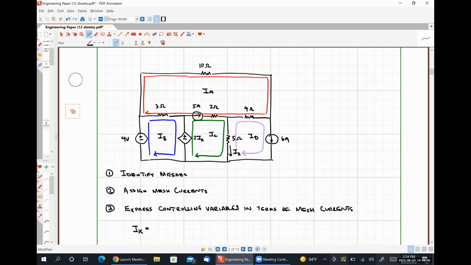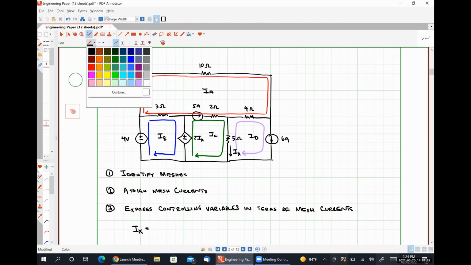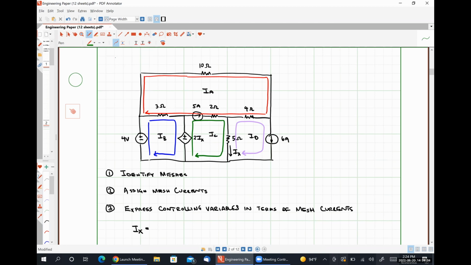Okay. So as IC is flowing around its clockwise path, when it hits the 5 ohm resistor, it starts flowing down, which is in the same direction as IX. So that means IC should have a positive sign.